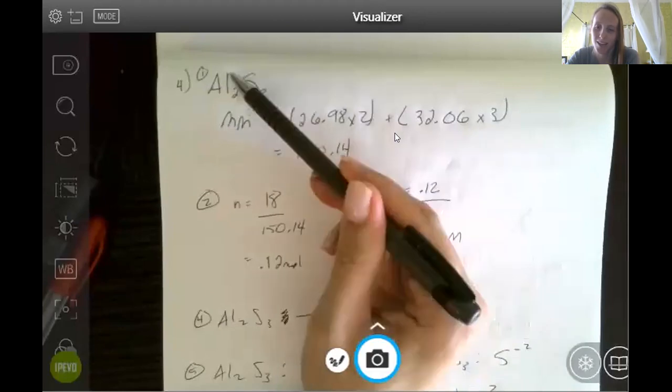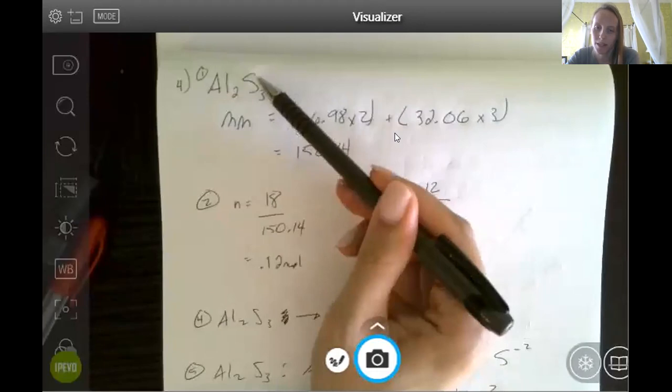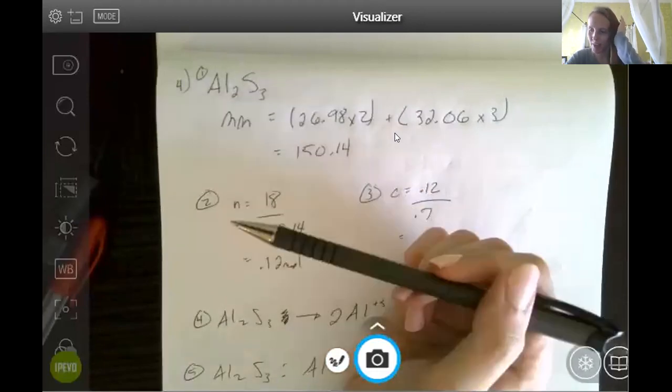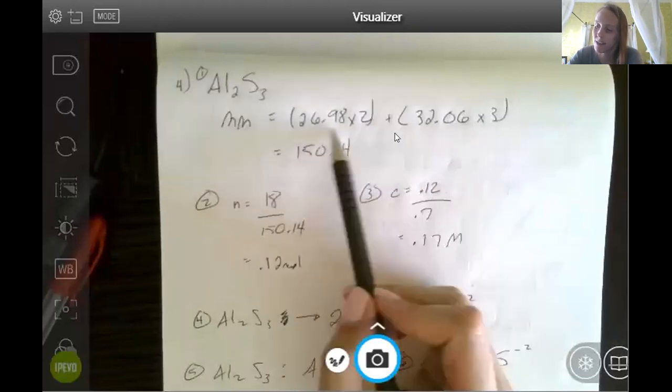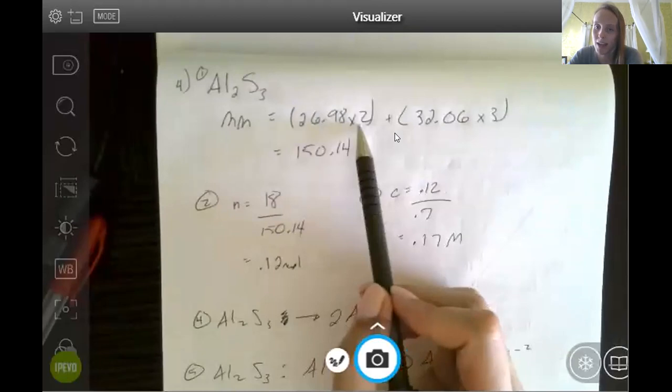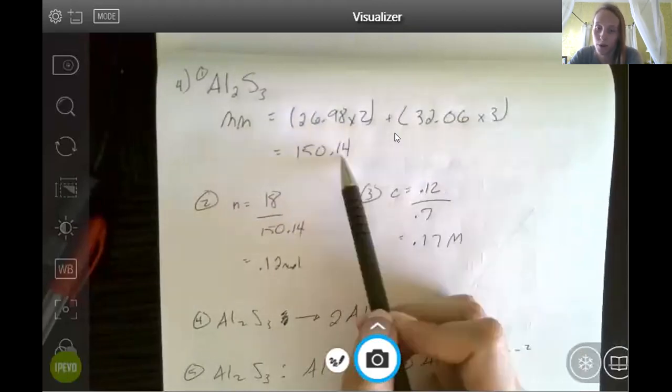Aluminum has a charge of +3. Sulfur has a charge of -2, so we end up with Al2S3. And then our first step is to actually find the molar mass of that. So the atomic mass of aluminum times 2 plus the atomic mass of sulfur times 3 gives us 150.14.